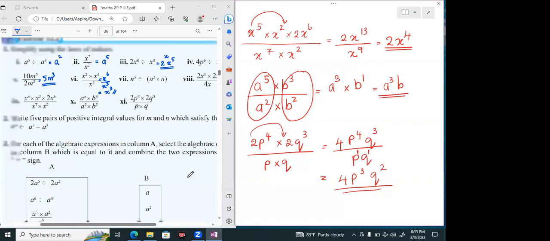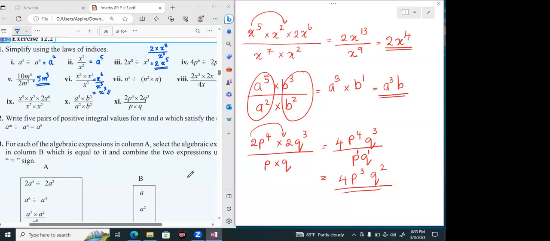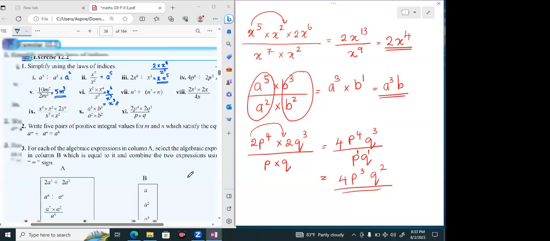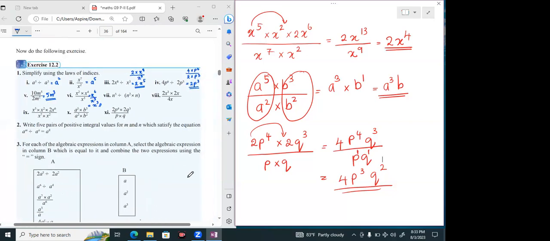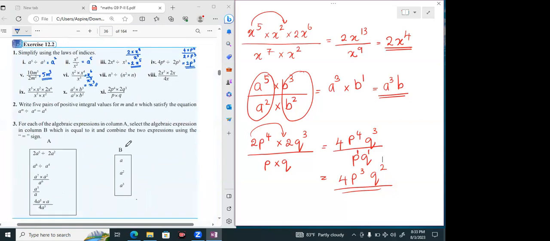Okay, try to do the second one. Here you have to find a pair of integral values for m and n. That means it is just like the question that we did in the previous example.